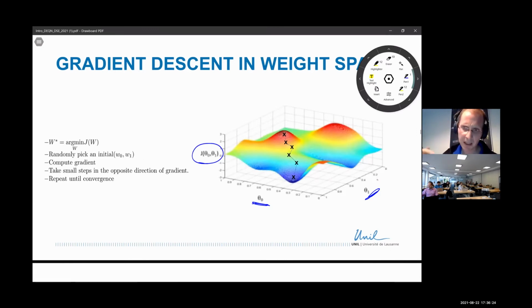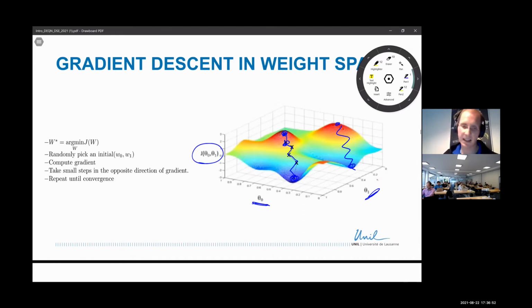What you typically do with gradient descent is you start somewhere, then you check the gradient, walk downhill a little step size, then recompute the gradient again, and eventually you go down to a local minimum. Obviously, if you started over here, it could easily be that you end up over here.